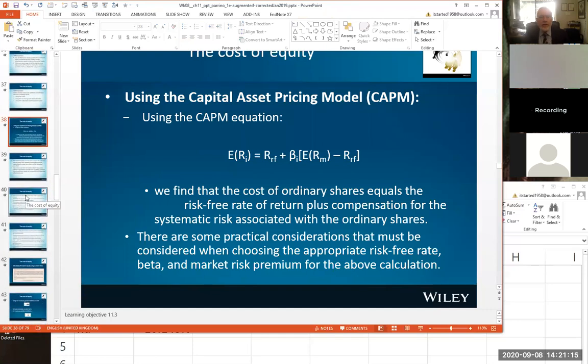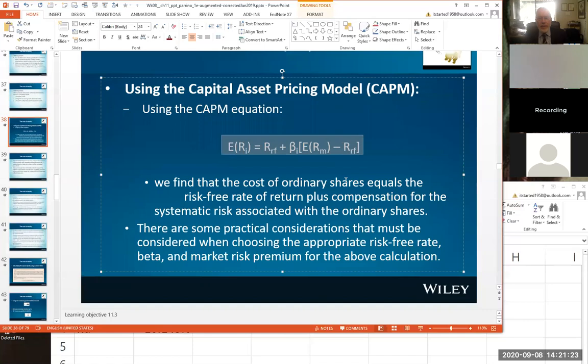Okay, let's look at the capital asset pricing model. This is what should be becoming very familiar to you, the equation for the CAPM expected rate of return for a particular share, made up of the risk-free rate plus the beta of the particular investment multiplied by that gap, that increment between the risk-free rate and the market rate.